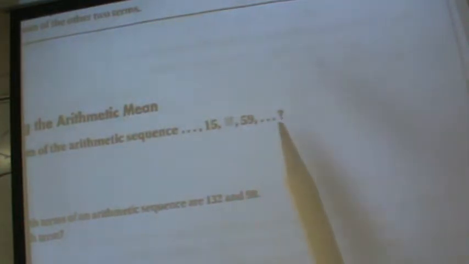This is really easy. Add them up and divide by 2. How easy is that? Add the 2 numbers and divide by 2. So using that idea, that's going to give you the missing term. So if there is one missing term between 2 numbers, use the average. So go ahead, tell me what the missing term is.